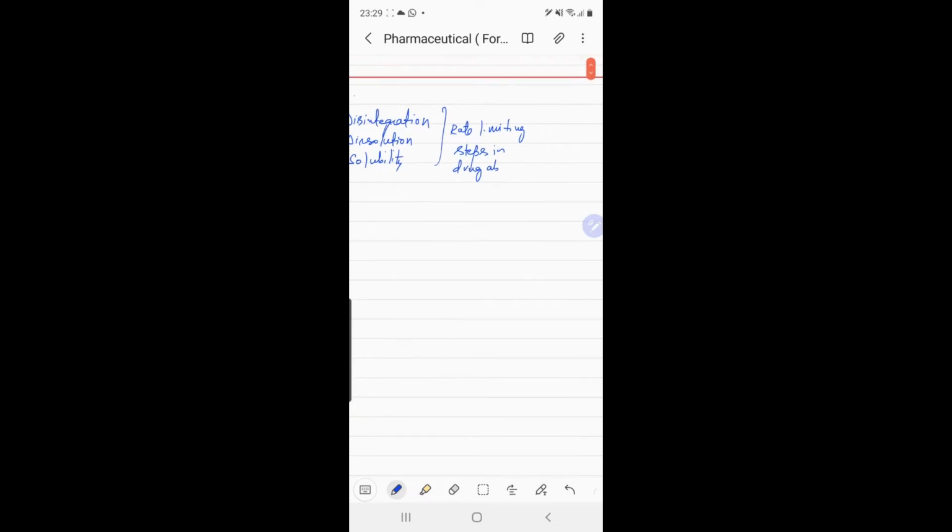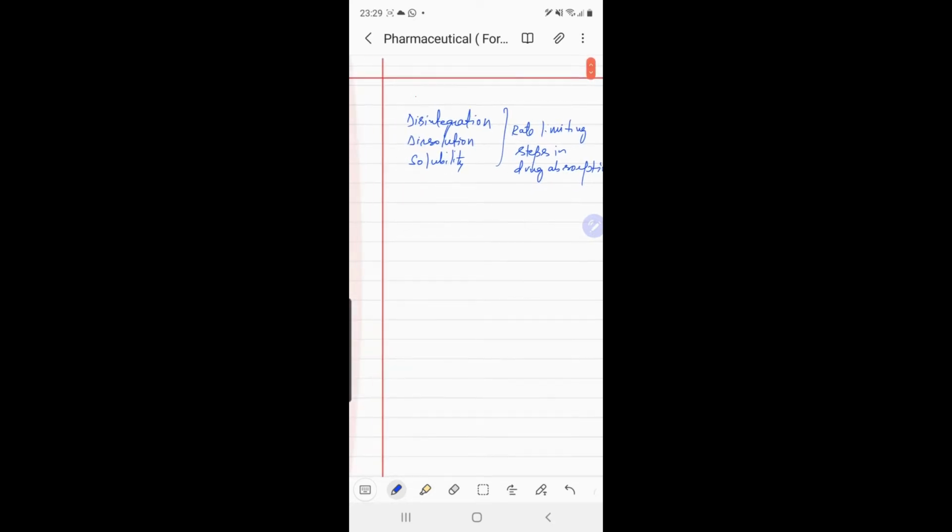So disintegration also becomes a factor if we say related to the formulation. So this particular step can also be considered as the factor, especially the pharmaceutical factor.